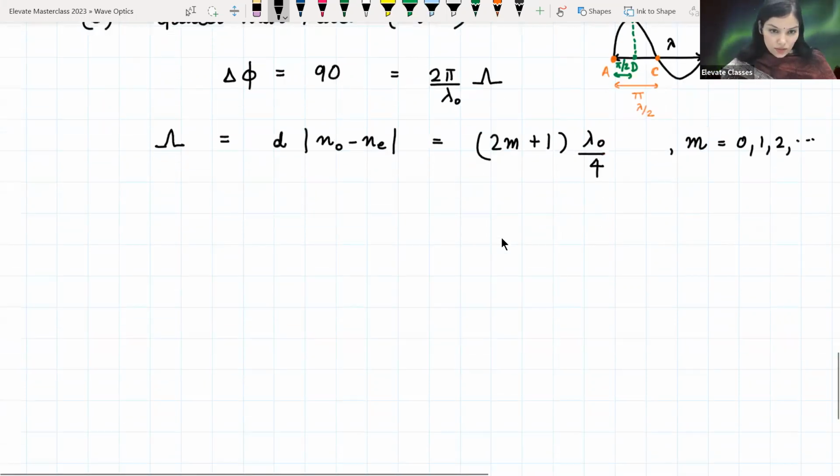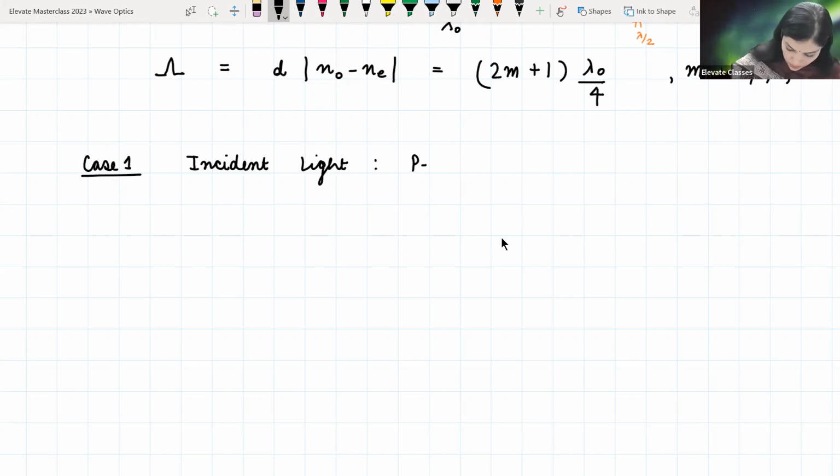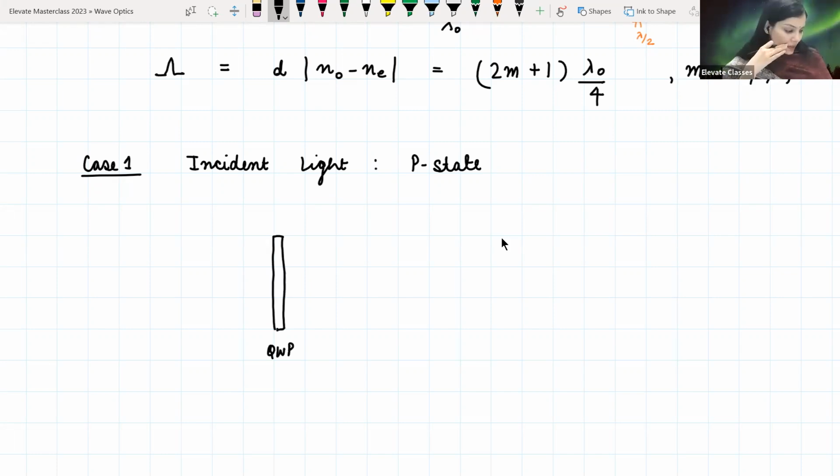So in a quarter wave plate, let us do case number 1. Case number 1 is when the incident light is in P state, or plane polarized light. Okay, so again, let us say this is my quarter wave plate, and I have some P state.